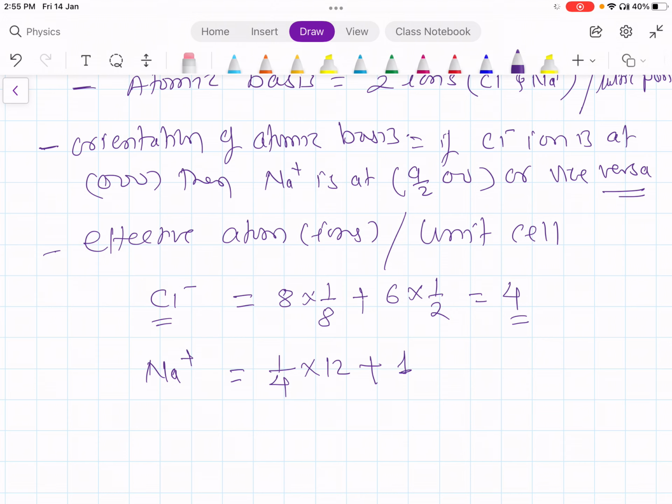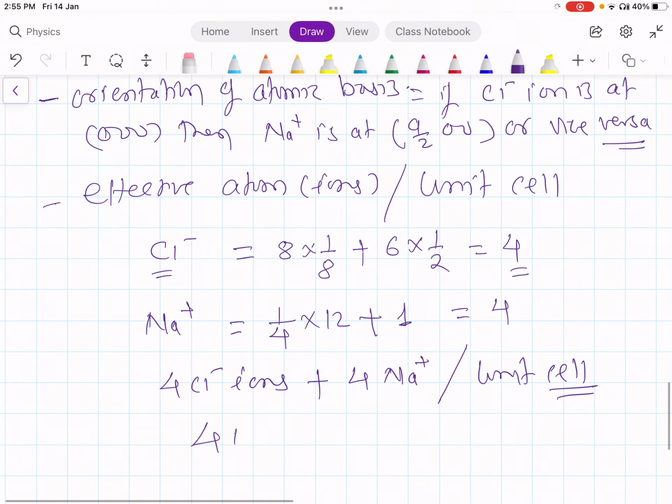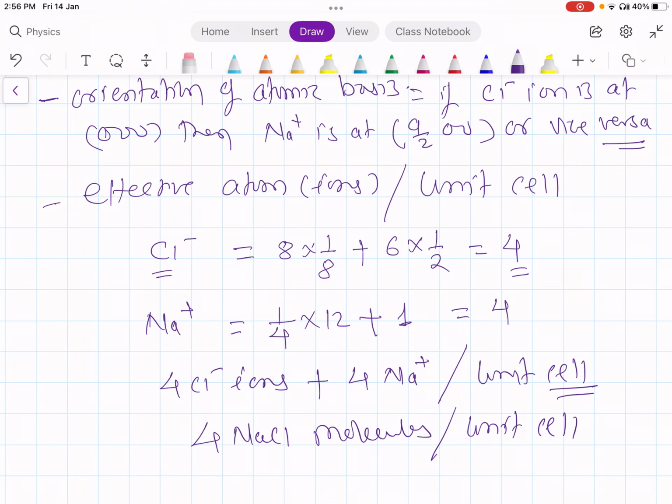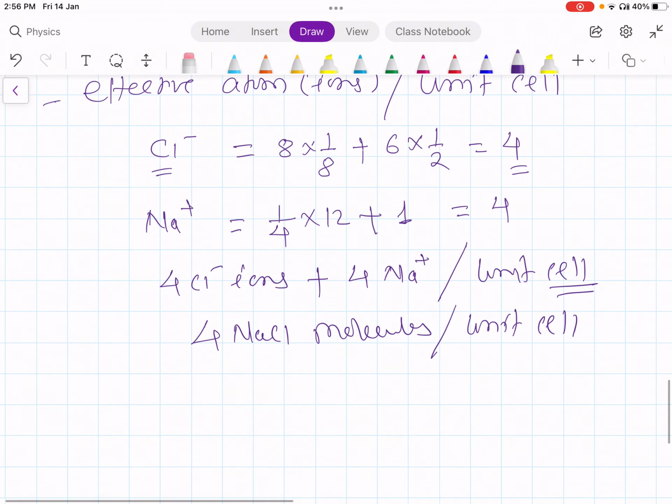So its contribution is full, that is 1, and so 4. So there are 4 chlorine plus 4 sodium ions per unit cell, or you can say 4 NaCl molecules per unit cell. That is the effective number of ions.